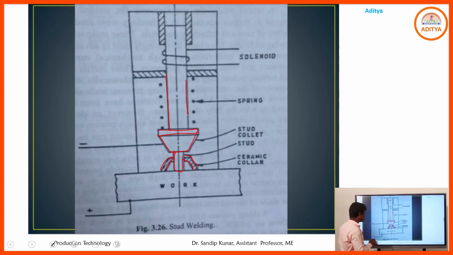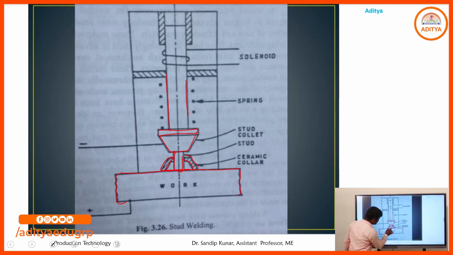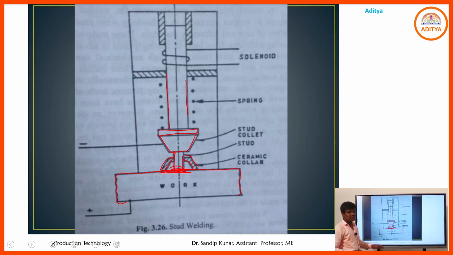After holding it, it is kept on the workpiece. After providing the current to the workpiece and the stud, they will be connected easily, meaning a nugget zone will be created, and giving the pressure, the stud will be connected easily to the workpiece material.